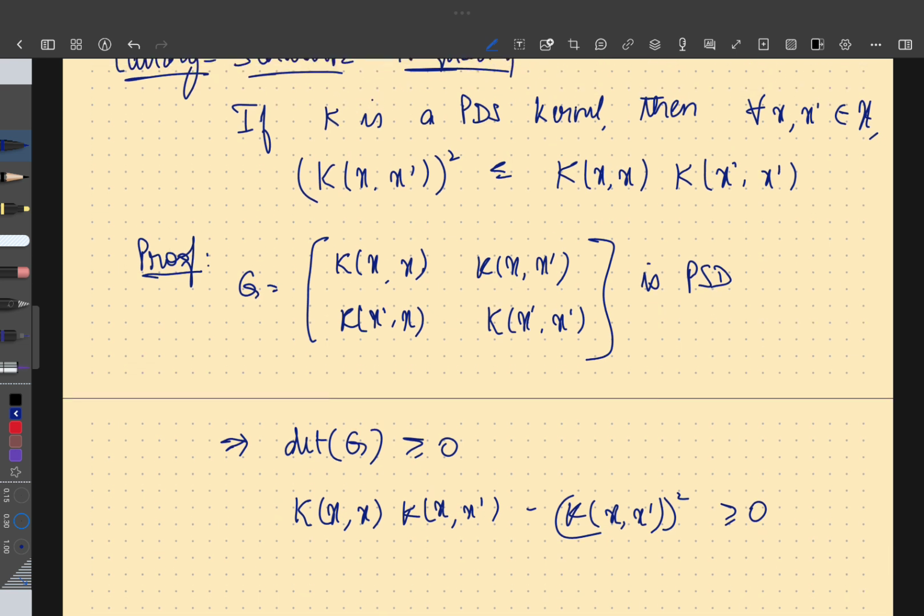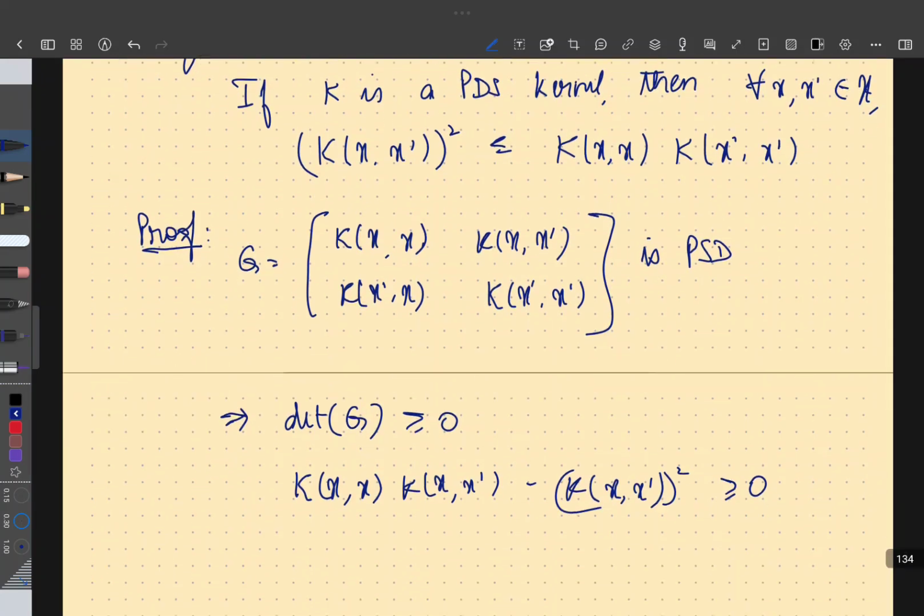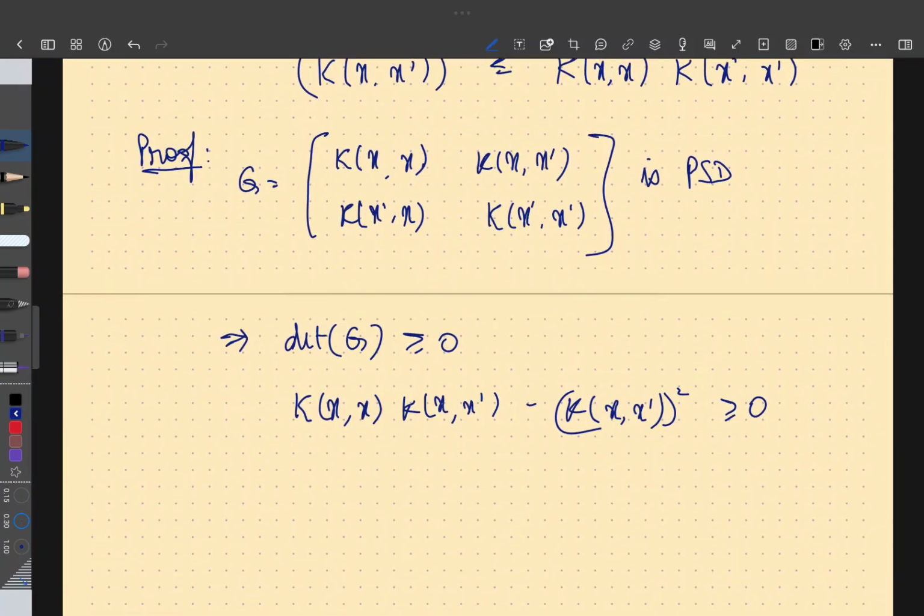All right, so this also gives a proof of the standard Cauchy-Schwarz inequality, just by observing that if you take the Gram matrix for the standard inner product, then that is also positive semi-definite. Any questions?